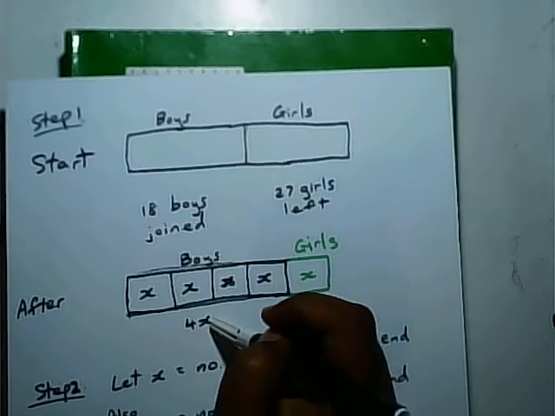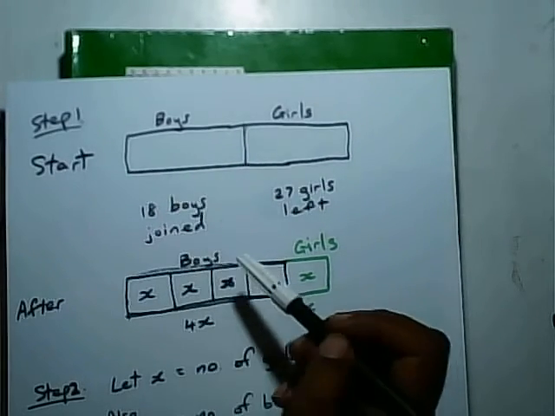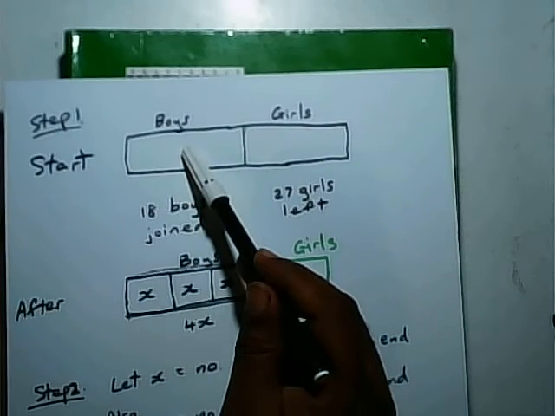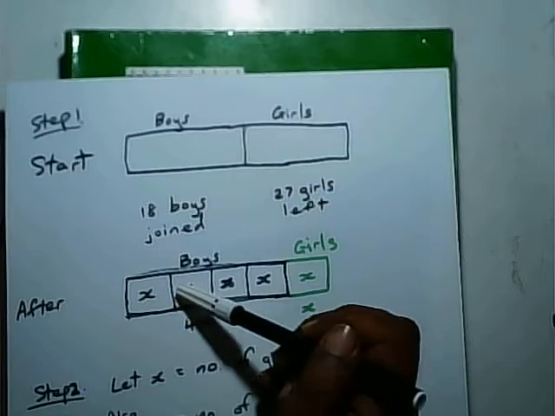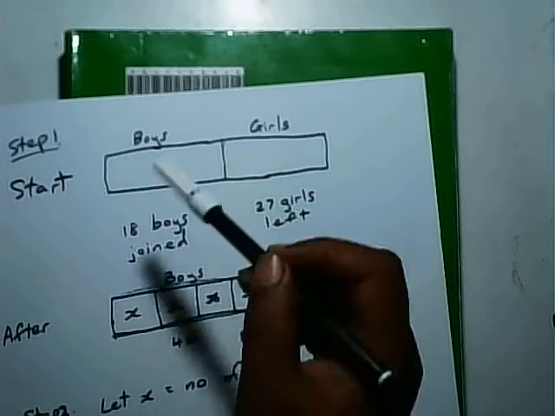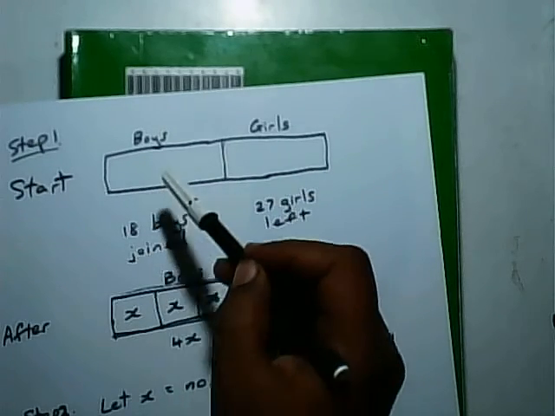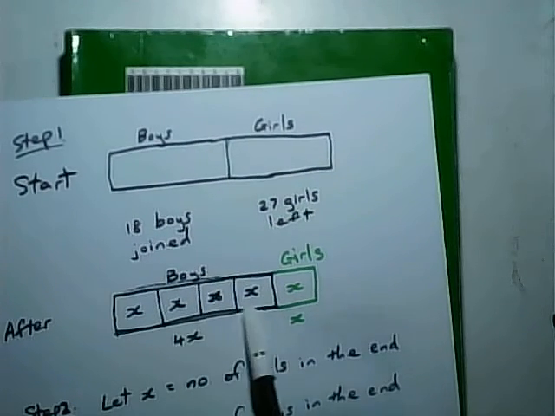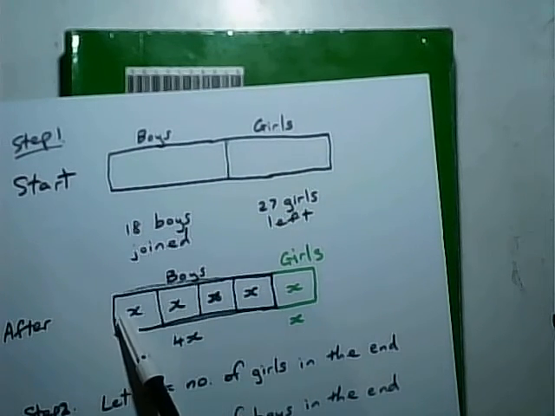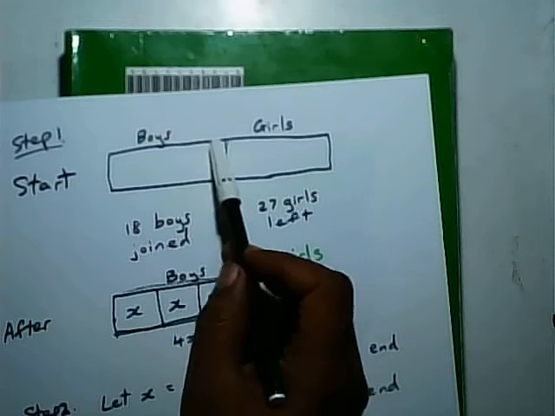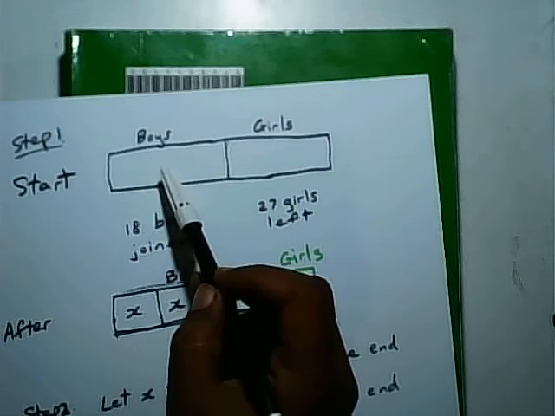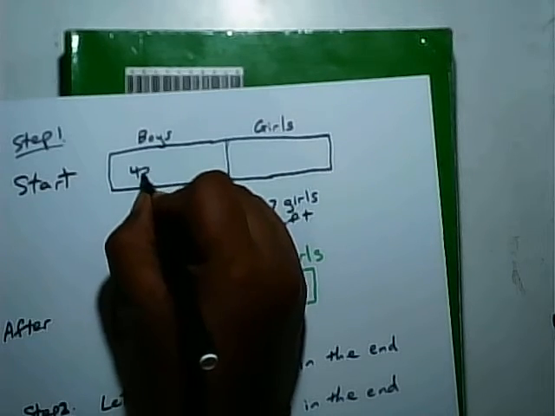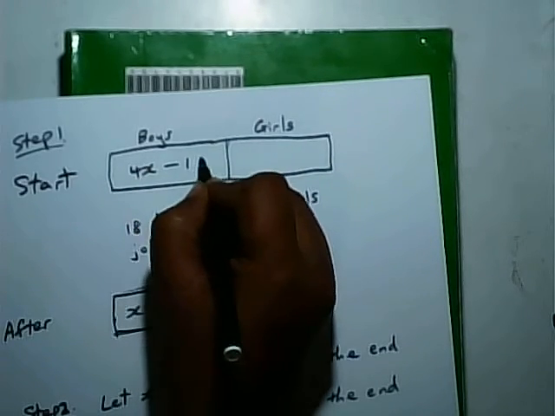So if I want to change 4X to this amount, should I add 18 boys or take away 18 boys? I want to reverse, I want to go backwards in time, to when the class had fewer boys. So here is when the 18 boys had joined. This is where the 18 boys didn't join. So here is the final 4X, but you have to take away 18.